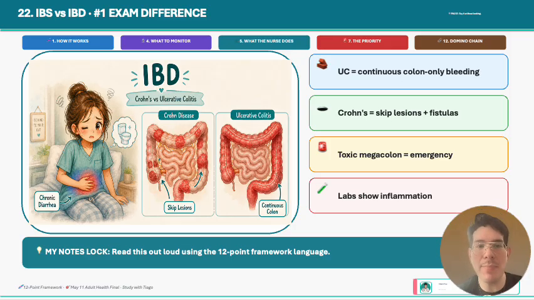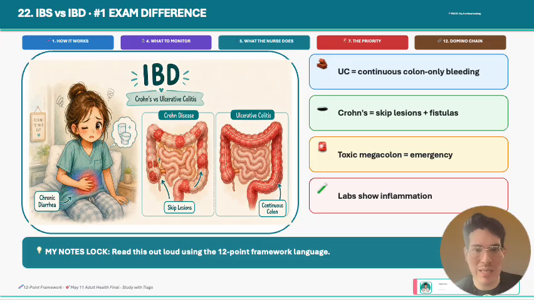Okay, so IBD means inflammatory bowel disease, right? This is a structural inflammation. So the bowel tissue is actually inflamed and damaged. IBD includes ulcerative colitis and Crohn's disease, right? Labs may show inflammation such as elevated CRP or ESR, and stool markers like calprotectin may be elevated, right?